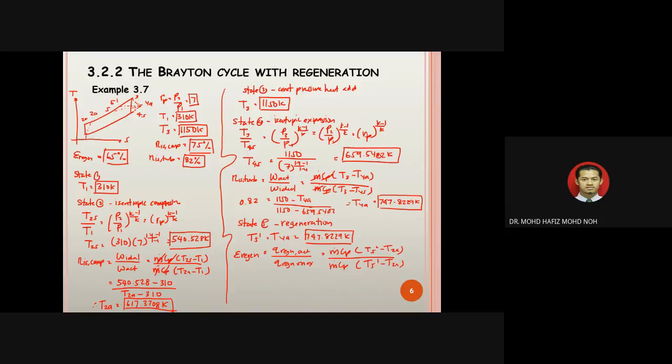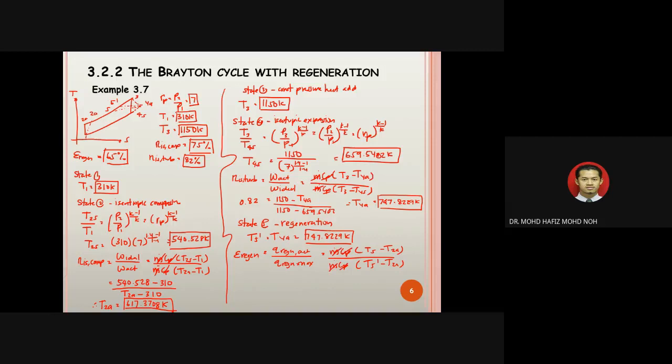So you can cancel out the M dot Cp, and then put the values.